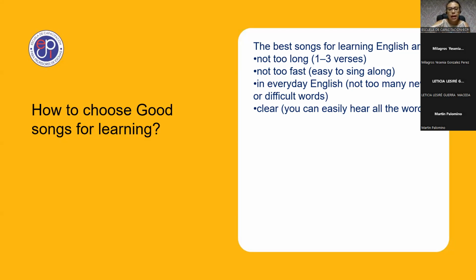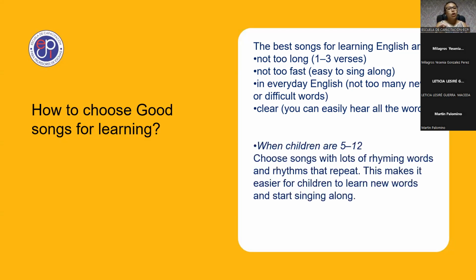Now, if you are going to teach children who are just from 5 to 12 years old, it says choose songs with lots of rhythm words and rhythms that repeat.